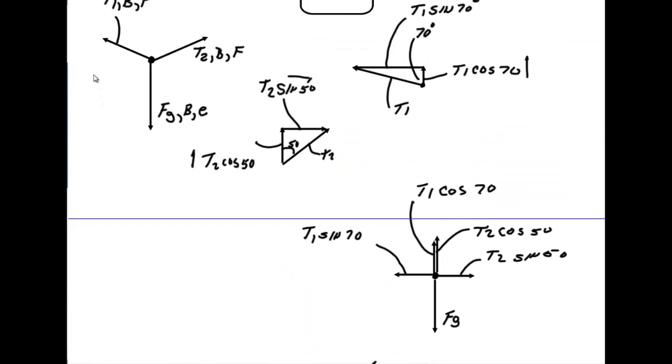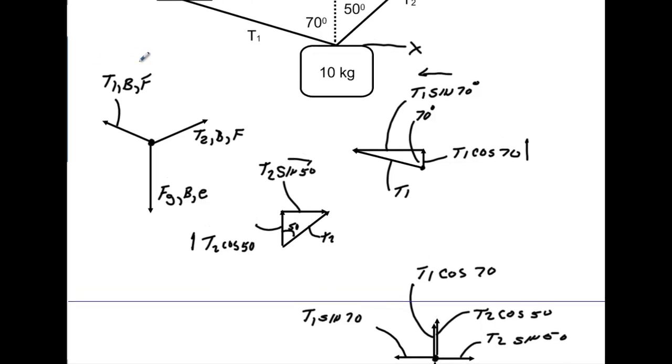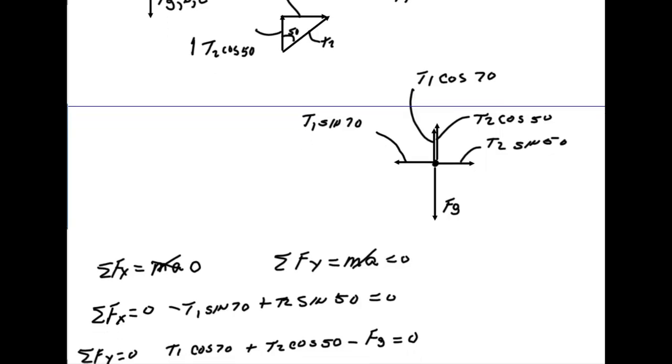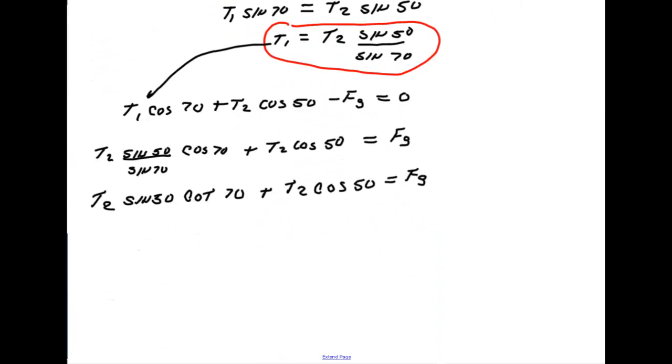We know our block had 10 kilograms. That's 10 times 9.8, which is 98 newtons coming down. Put the sine of 50, cotangent 70 plus T2 cosine 50 is equal to 98.